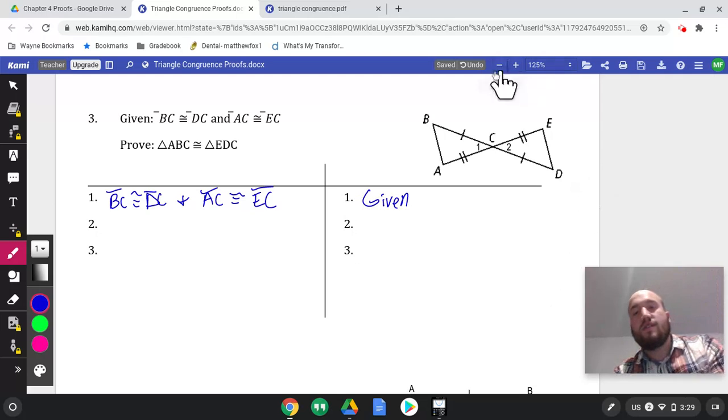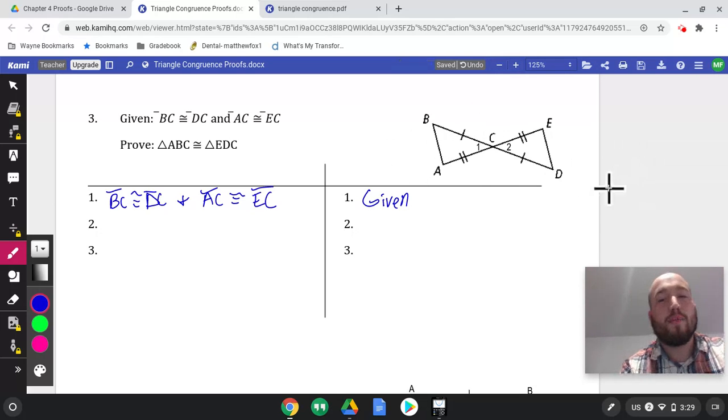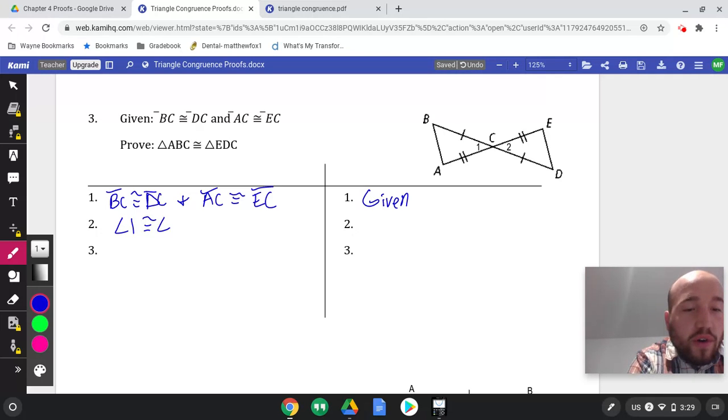Now, it's easy to look at this and see two sides. Let's just put another mark on those. They do look the same, but we can't prove that. However, there is something we can prove right around here where I'm circling. Hopefully you know, angle 1 and angle 2 are what we call vertical angles, which means they are congruent to each other. So since angle 1 and angle 2 are vertical angles, we can mark them as congruent.